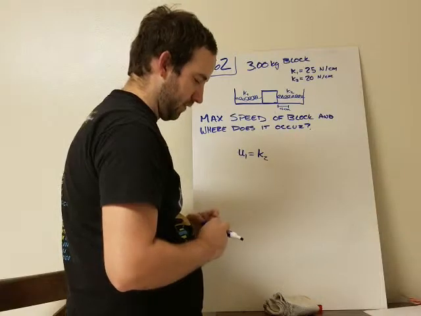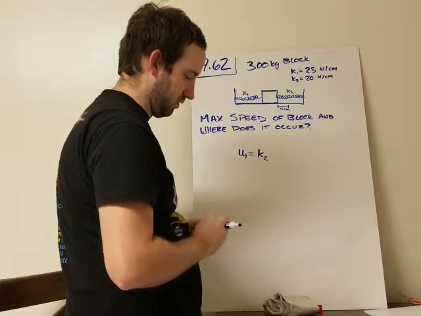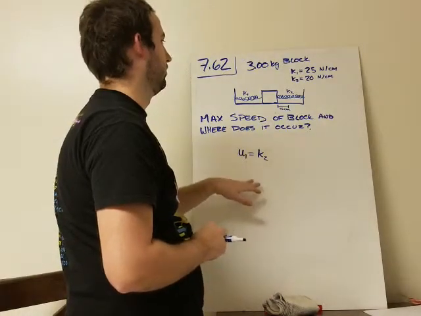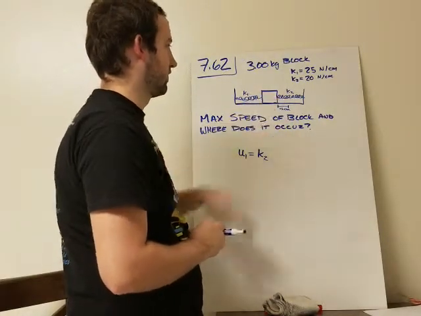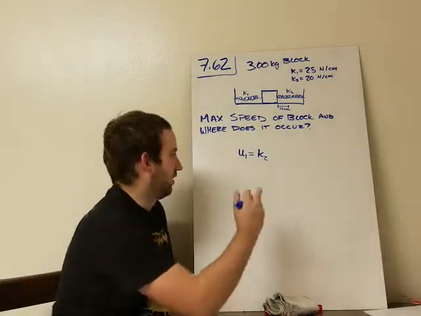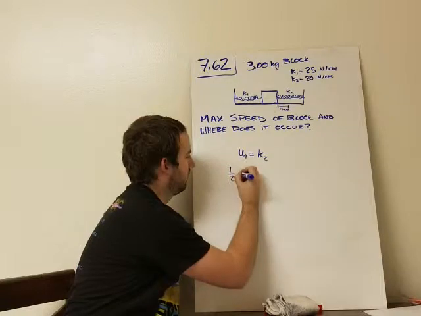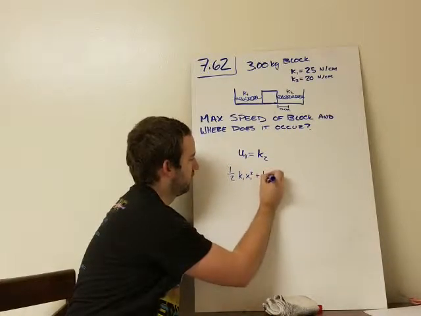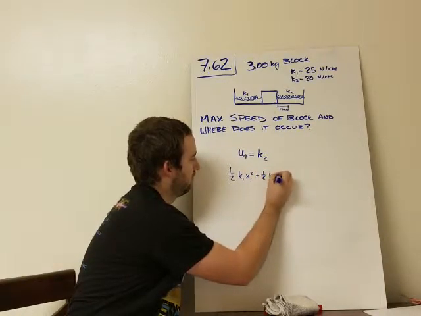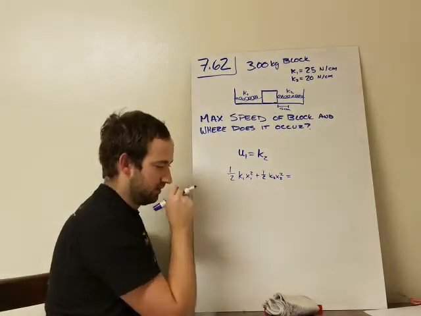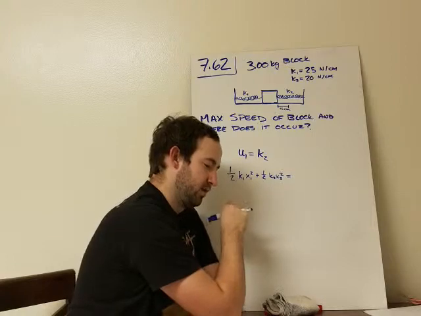So the way to do that is we'll need to break up the potential energy into two because we have two different sources of potential energy. And so it'll be 1/2 K1 x1 squared plus 1/2 K2 x2 squared, and then K2 is 1/2 mv squared.